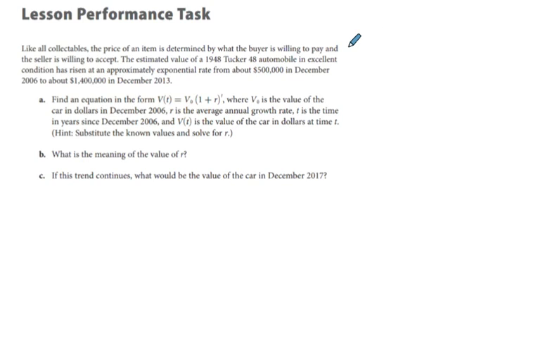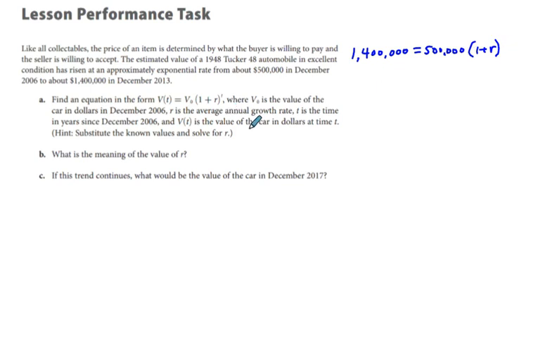We're going to have V sub T, which is our final value, 1.4 million, and I'll put the total value here equals V sub 0, which is 500,000, times 1 plus r to the power of t.